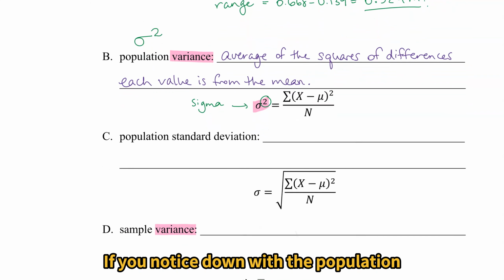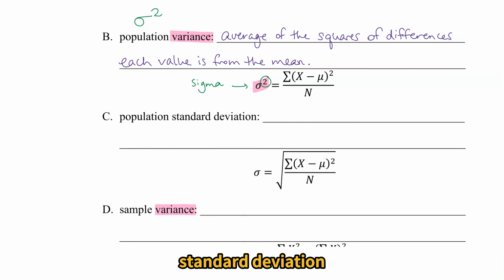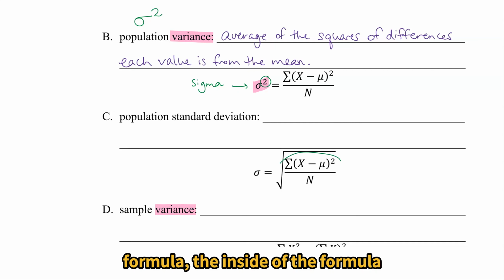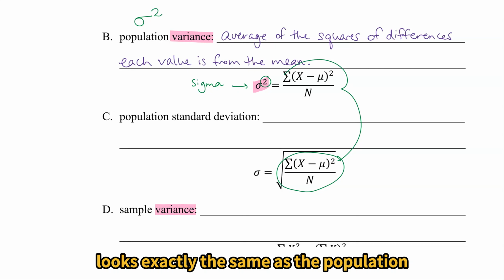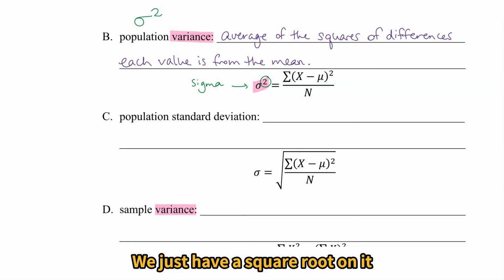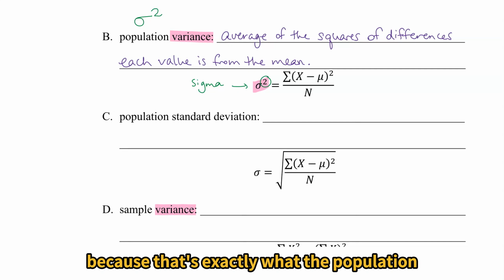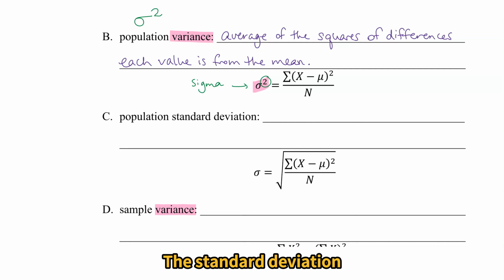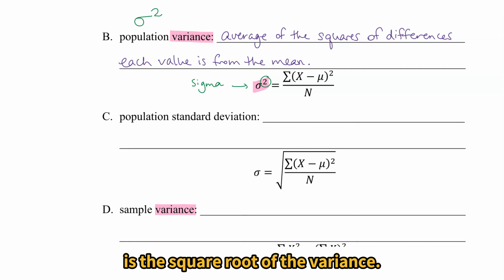If you notice down with the population standard deviation formula, the inside of the formula looks exactly the same as the population variance formula. We just have a square root on it because that's exactly what the population standard deviation is. The standard deviation is the square root of the variance.